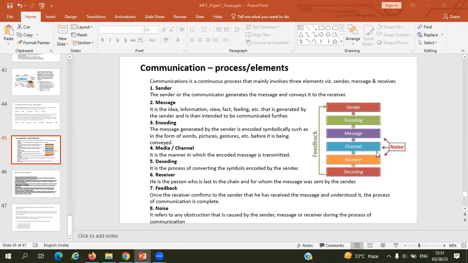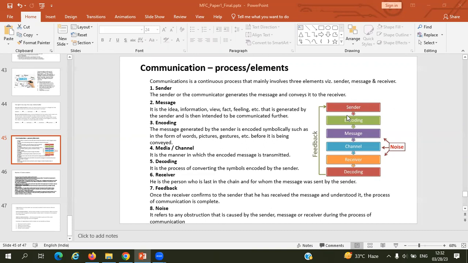How we are communicating, meantime the noise is created. Lastly decoding happens, then the receiver is getting it. And the feedback is coming from last to first.